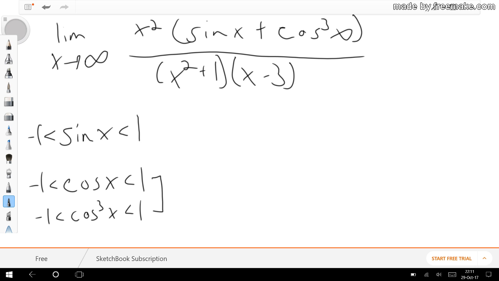So we can figure out that sine of x plus cosine cubed x is always going to be greater than -2, but less than 2. Because think about it: at the lowest point, we're going to have -1 plus -1, which means we'll have -2. At the absolute maximum of our two values, we're going to have 1 plus 1, which means we'll have 2.